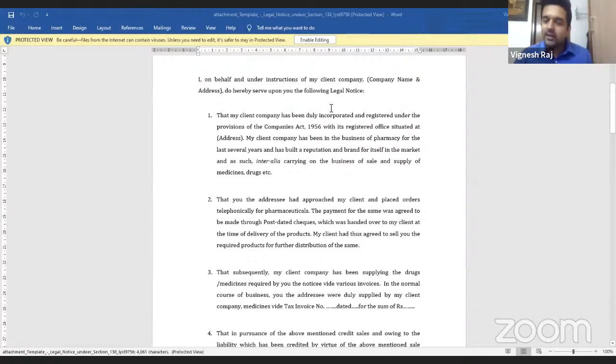Continuing, you need to state the nature of the transaction which resulted in the occurrence of that debt.